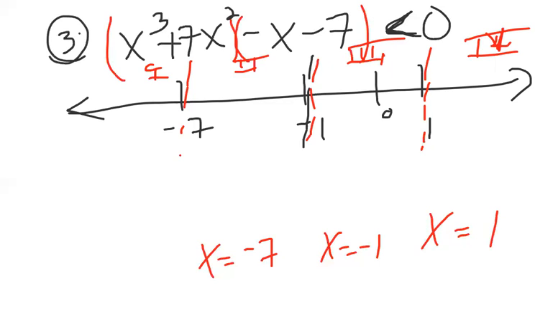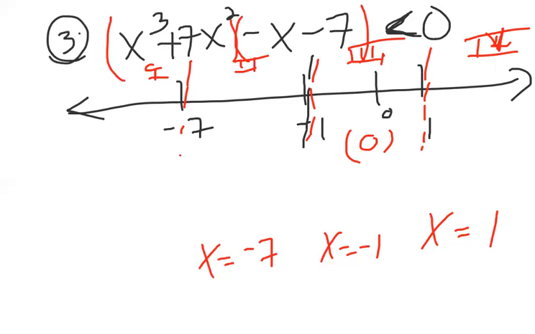Okay, so guys, the best number to test with always is 0, unless, of course, it's part of the critical values. If it's not, test with it. So we're going to take the 0 and plug it into the original equation.